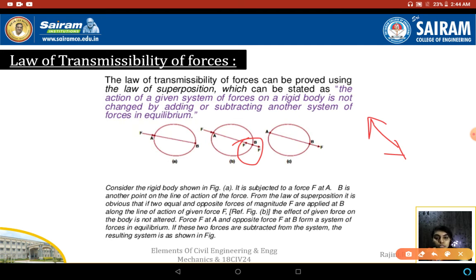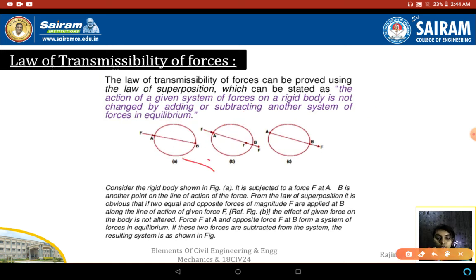For example, if this force is 20 kilonewton, then these two forces will also be 20 kilonewton only. The effect of the given force on the body is not altered, since we are considering the same magnitude, 20 only. The force F at A and the opposite force at B form a system of forces in equilibrium.